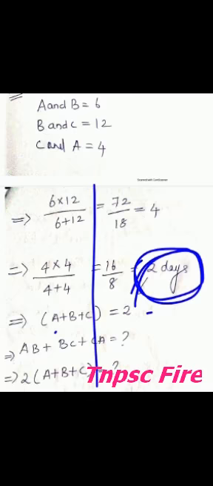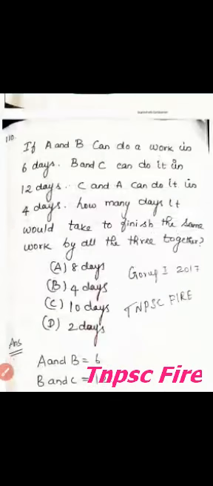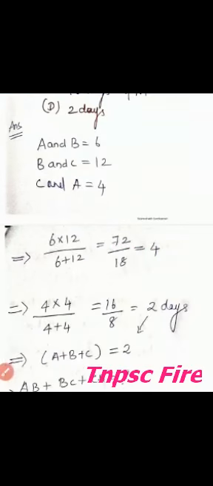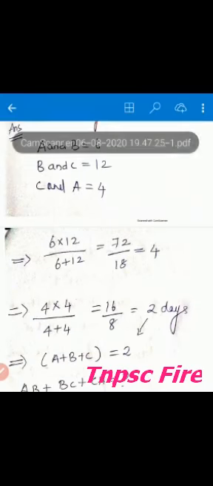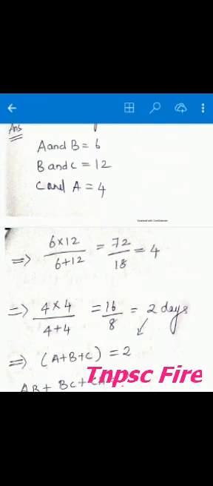They ask for A and B, so you put A plus B, plus B and C, plus C and A. Since A plus B plus C equals 2, we have 2A, 2B, 2C, so we commonly take a 2.